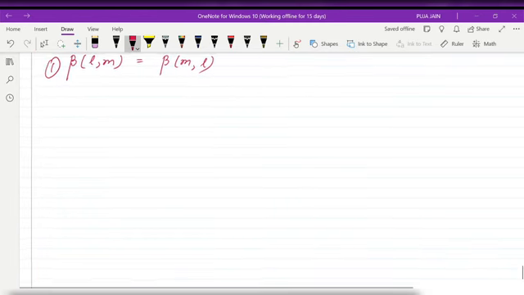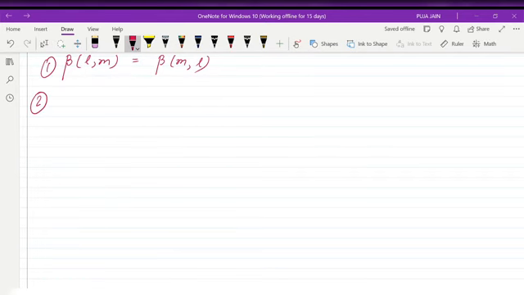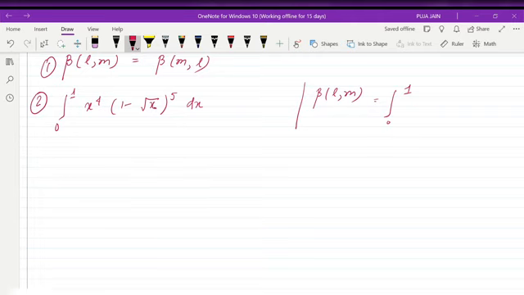Second, we will do one question. What is the integral from 0 to 1 of x to the power 4, 1 minus root x to the power 5 dx? So again we will recall that beta of L comma m is the integration from 0 to 1 of x to the power L minus 1, 1 minus x to the m minus 1 dx.